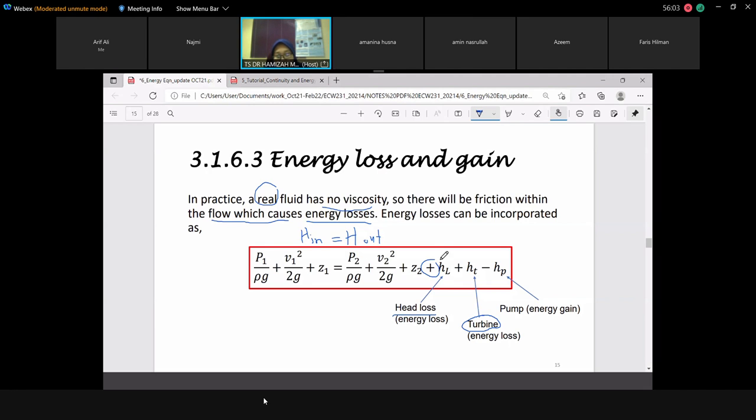Okay, HT is the energy losses purposely caused by the turbine. Okay, so bila ada energy gain, so contoh along the pipe tu dekat tengah-tengah kita ada supply pump. So, dia akan bagi tahulah pump tu dekat mana, in center of the pipe ke. So bila ada supply of the pump, bila kita letak pump, the flow akan dapat energy. So it is minus. Okay, so terbaliklah, losses tambah, energy gain minus.